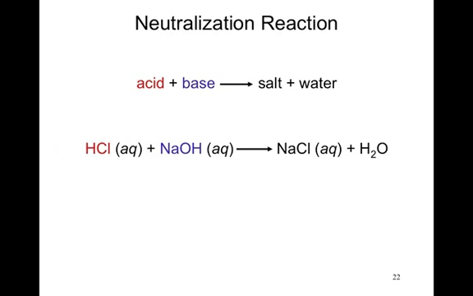Okay, so a neutralization reaction is really not too bad. Basically, you take an acid and react it with a base, and it should give you a salt and a water. The water is really not going to change much, but the salt will vary depending on the acids and bases that you use. So here's your most basic one, HCl. It's in toilet bowl cleaner and that kind of stuff. Hydrochloric acid plus sodium hydroxide, which is lye.